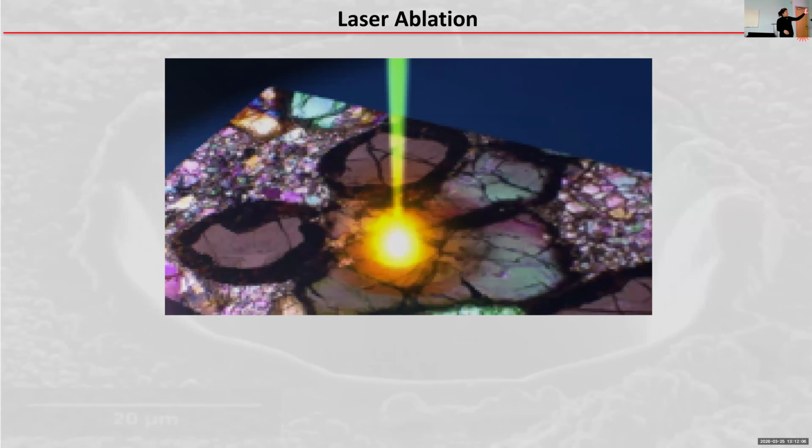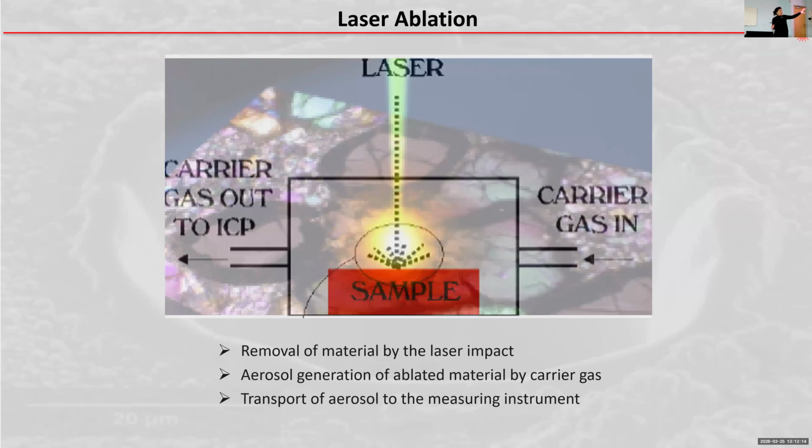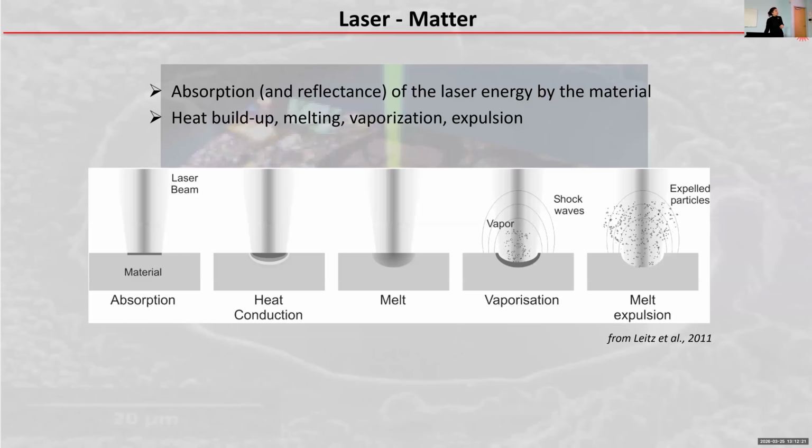So the laser ablation process itself is basically the laser light interacting with the matter, your sample, and a carrier gas transporting the excavated material to the ICP-MS. There is a lot more to it, especially in the moment when the laser light actually interacts with the sample material, whether it is a rock or a tissue or any sample that you want to analyze by ICP-MS.